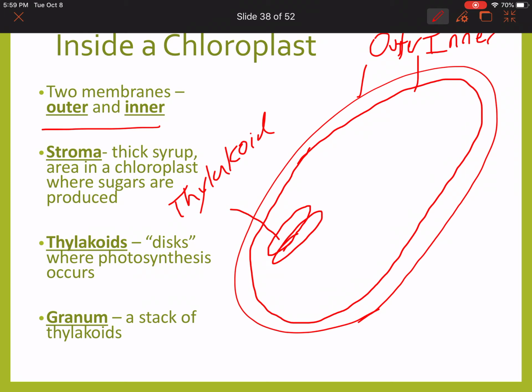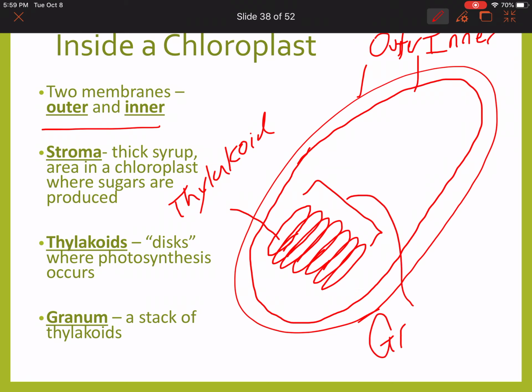So the thylakoids are all going to be stacked up like a stack of dishes or a stack of Frisbees. The stack is called a granum. The plural is grana. Okay, so a lot of times you'll see many grana, many stacks in one chloroplast. There can be thousands of thylakoids piled up in hundreds of grana.